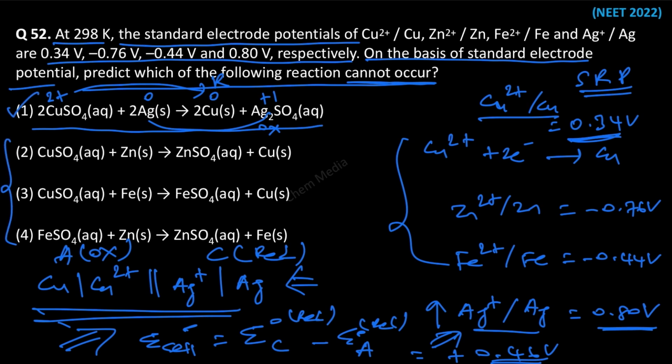For the other three, I am just going to write the cell notation and calculate the E cell standard. Everywhere it would become positive, and we can clearly see that they are feasible. That means the reactions are written in the direction of the spontaneous change.